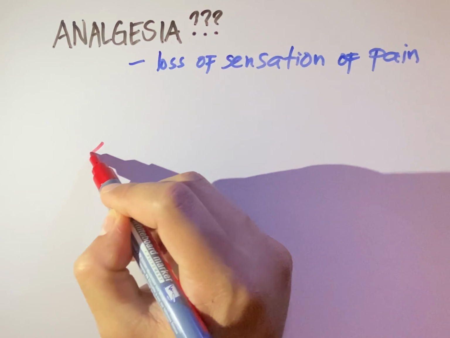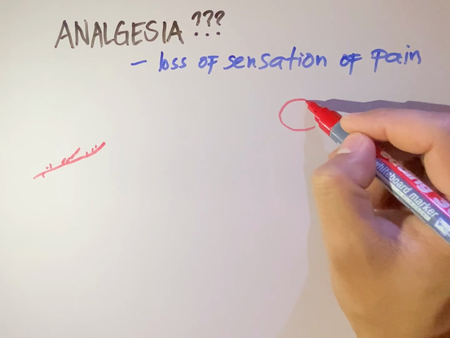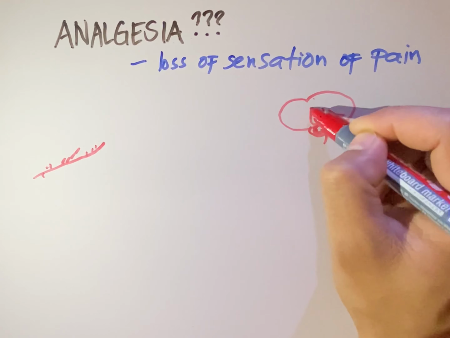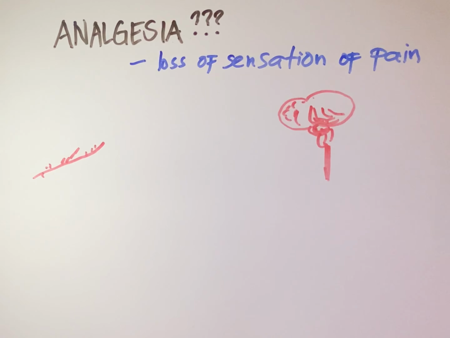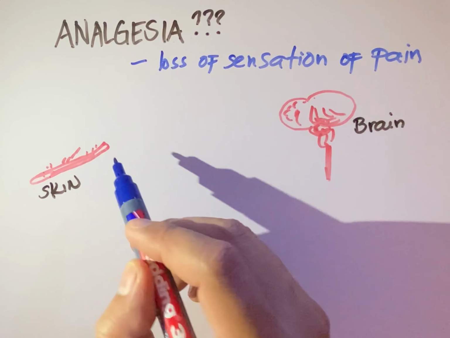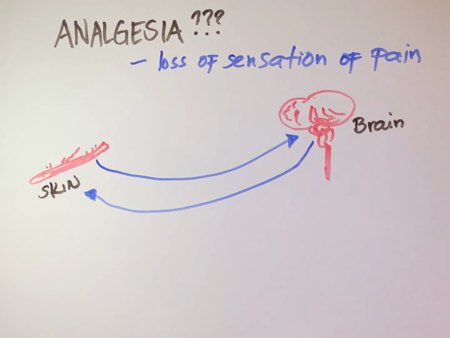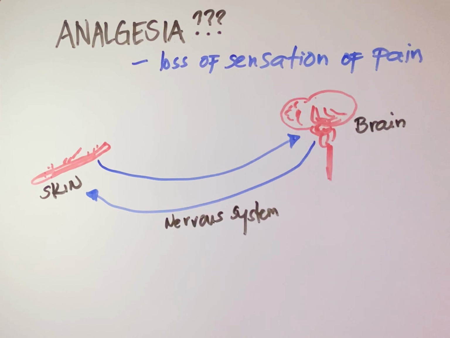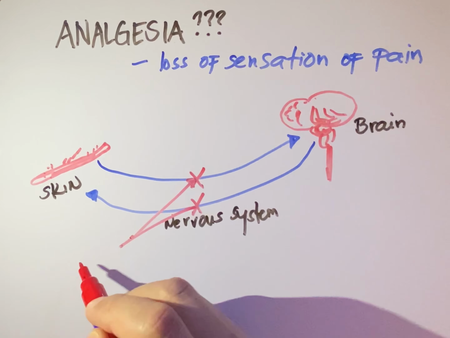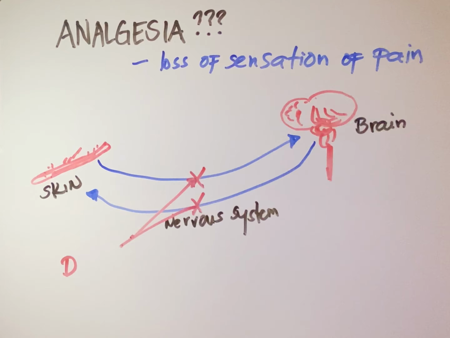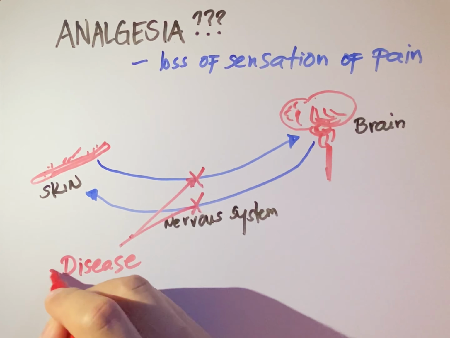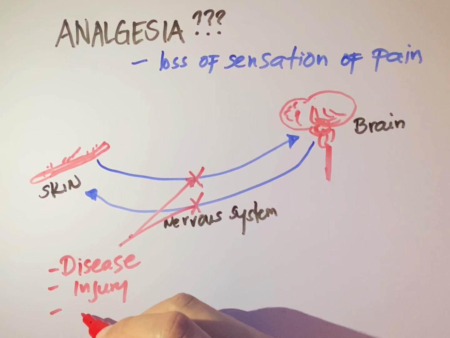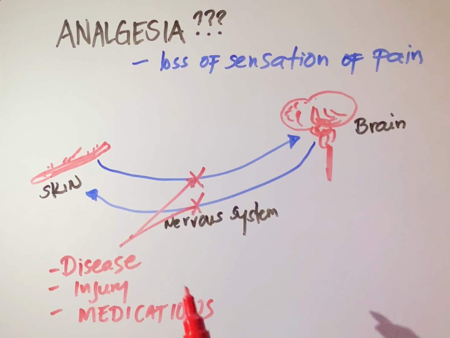This sensation stimulating an area, for example the skin, travels to the spinal cord by different nerve fibers. Therefore, any interruption, injury, or disease affecting the nerve would abolish all forms of sensation in the area supplied by it, or there can be pain relief induced by the actions of medications.